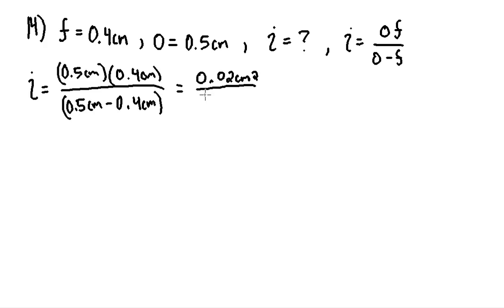And this will be 0.1. Multiplying decimals, not my finest. It is 0.2, arg. So forget about this here. Okay, so 0.2 divided by 0.1 gives us 2 centimeters.